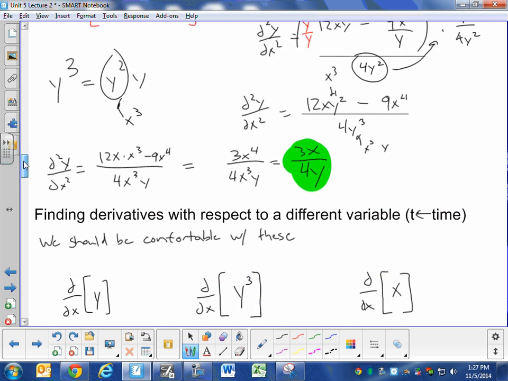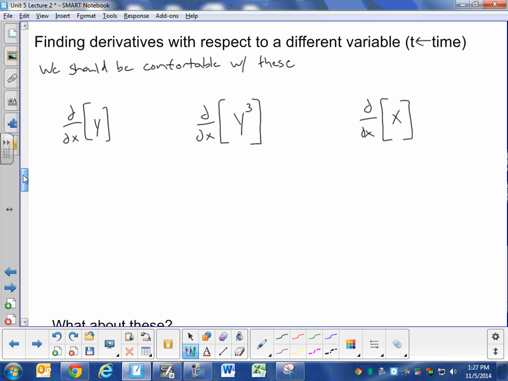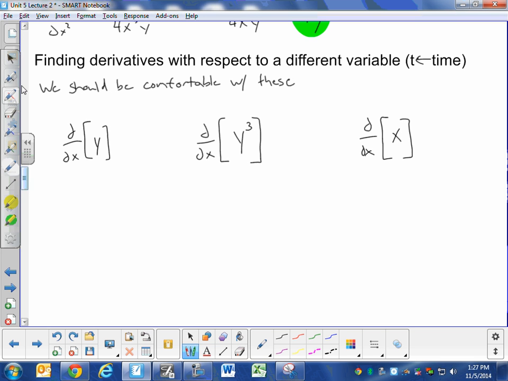Okay, moving on. So, moving to different stuff, we are now into intro to related rates. We should be comfortable with these three. Derivatives with respect to x.